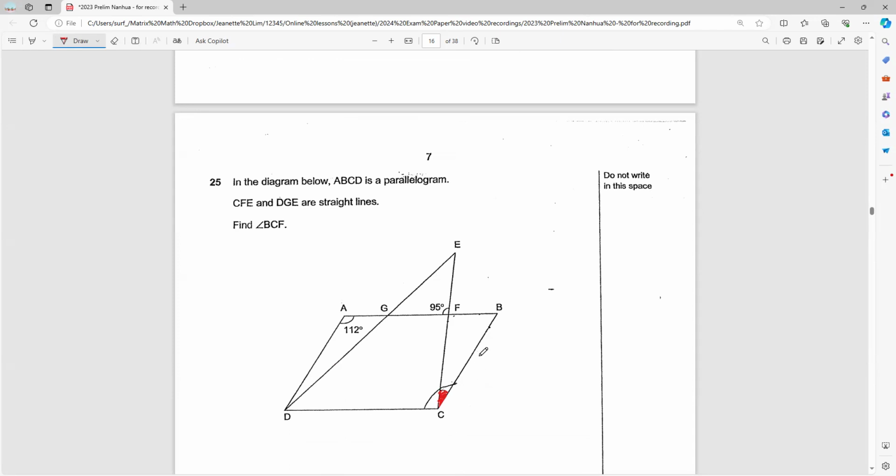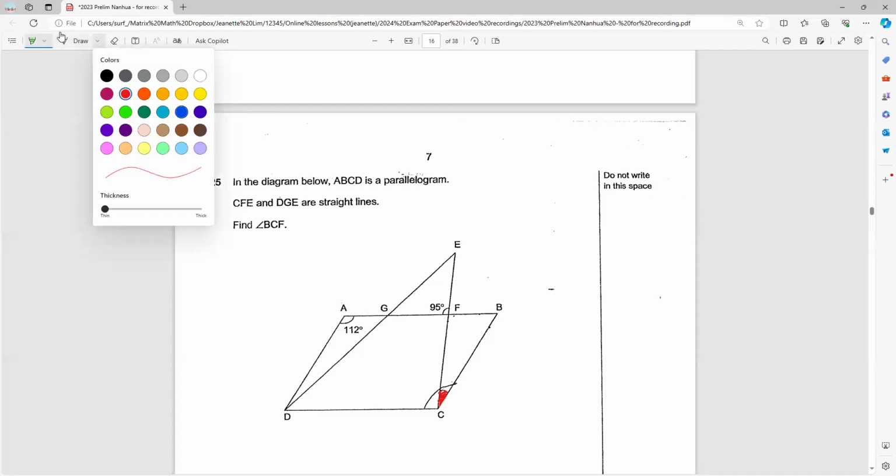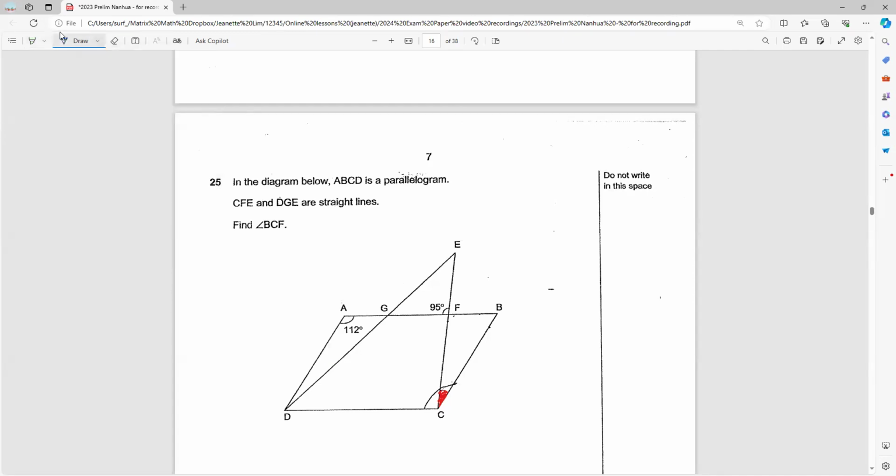It means that this whole thing here is 112. This here is 112.